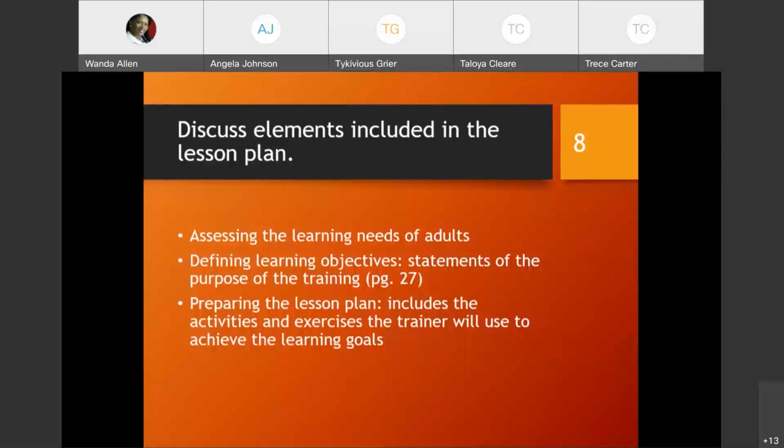We're going to talk about that a little more as we go on. Therefore, incorporating activities such as practicing looking up information in the book, role playing how to communicate effectively with their team, or making a list of positive attributes of their team will facilitate achievement of the learning goals.